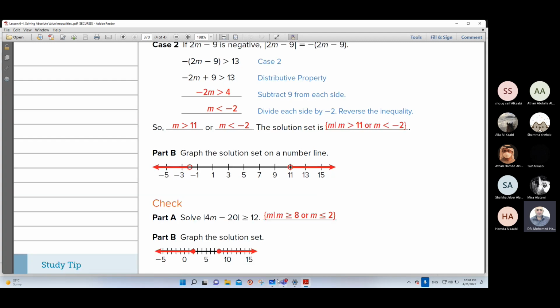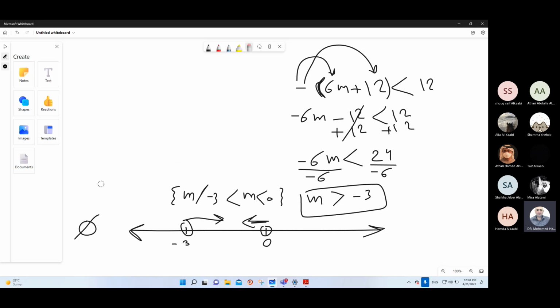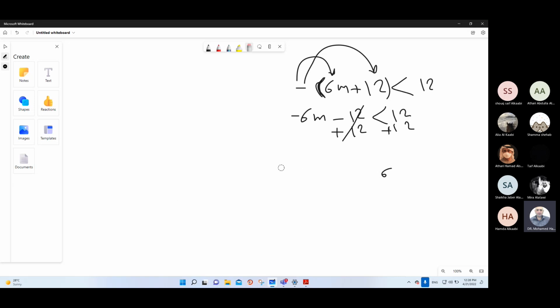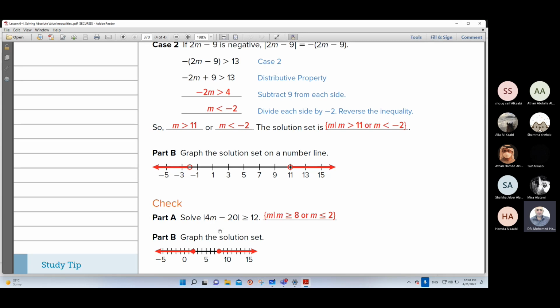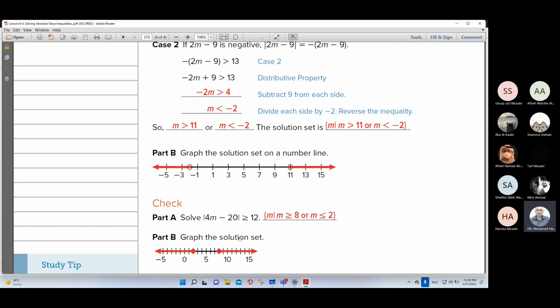Example. We have here absolute value of 4m minus 20 greater than or equal 12.